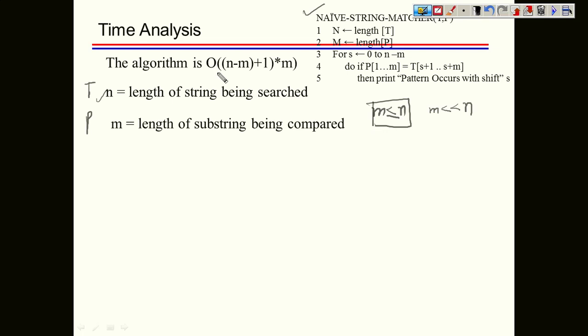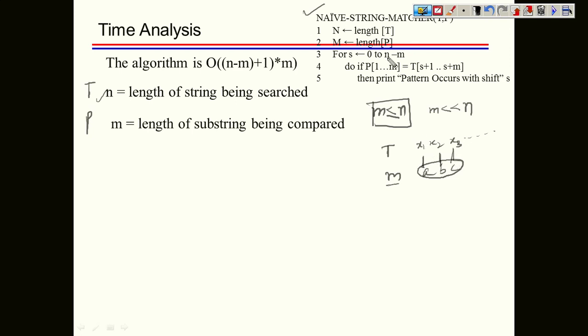Every time, we are comparing each character of m with each character of t. If the pattern we are searching is a b c, you are comparing three characters with the characters x1, x2, x3, x4 and so on. So every time you are doing three comparisons, that means you are doing m comparisons. How many times are we doing this comparison?